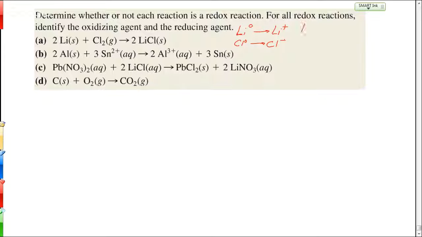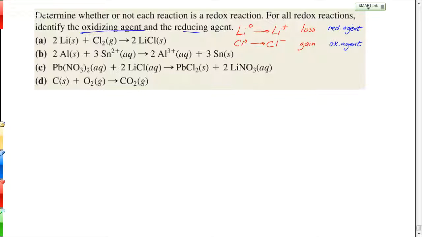The lithium has lost electrons, and the chlorine has gained. So that means the lithium is oxidized and the chlorine gets reduced. But that's not what we're asking for. We're asking for the agents. So that means that this one is the oxidizing agent. It takes the electrons, and this is the reducing agent, which gives up its electrons.